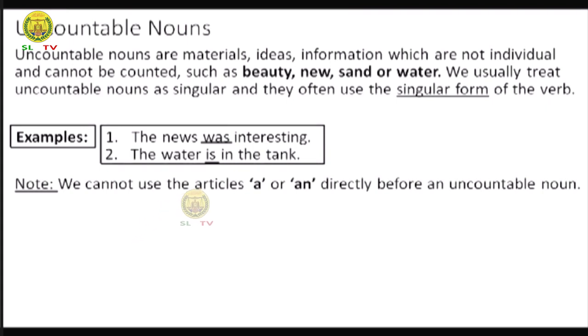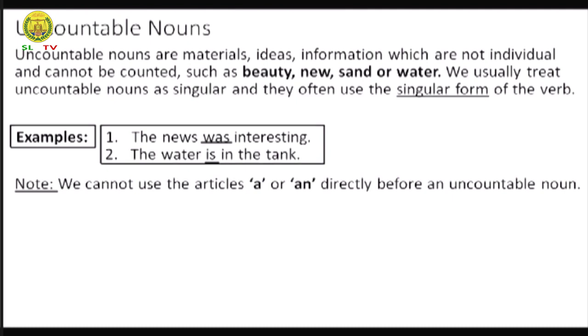Also news or sand or water. You cannot say waters. So these examples, beauty and news and sand, which are shown in your book, are uncountable nouns. Why are they uncountable? Because you cannot add s at the end of them.